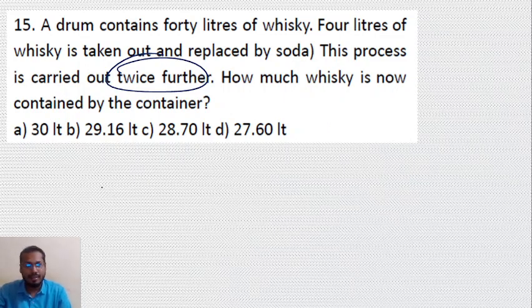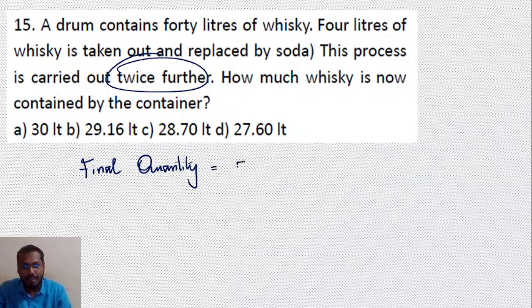Final quantity is equal to A into (1 minus B over A) power n. This is the formula.